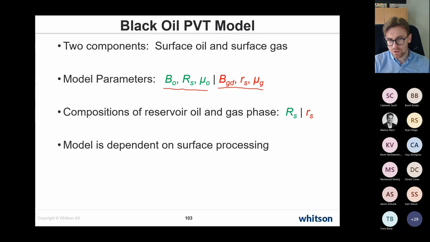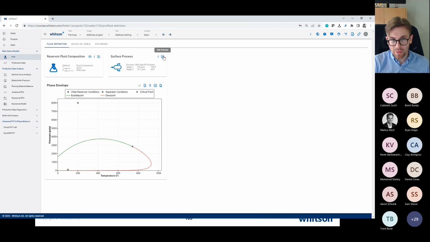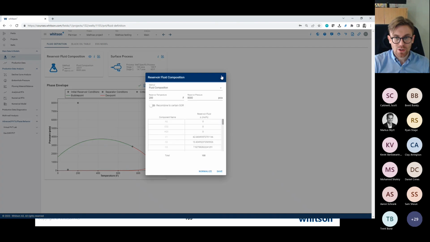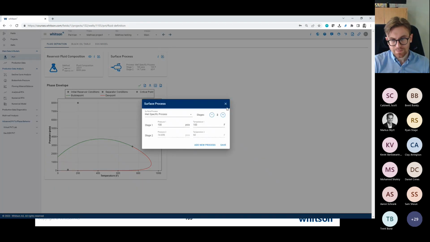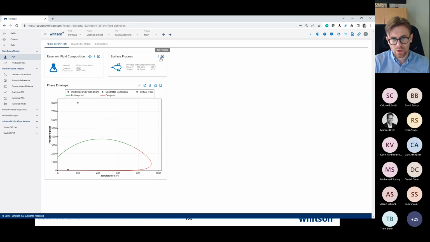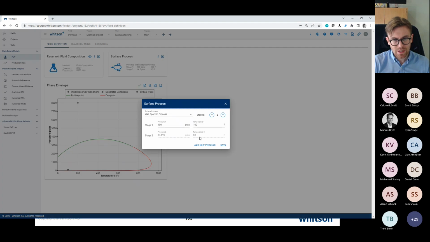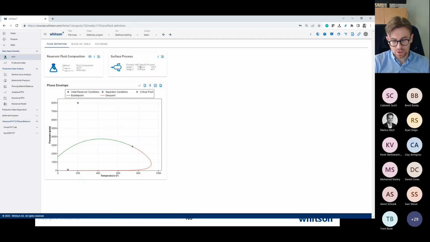The formation volume factor translates from surface to reservoir, and the viscosity is the viscosity. The model is dependent on surface processing. We did not talk about that yet, but we'll get there. So you'll see that there are 2 inputs here: the fluid composition and the surface process. And it matters whether we have 1 stage, 2 stage, 3 stage, etc., here to the right.